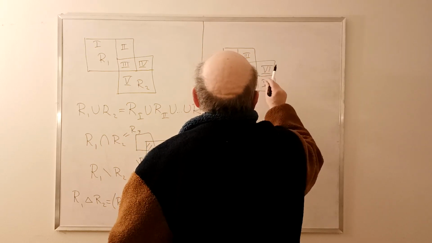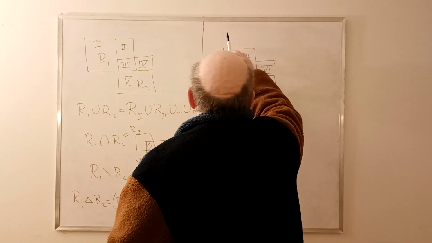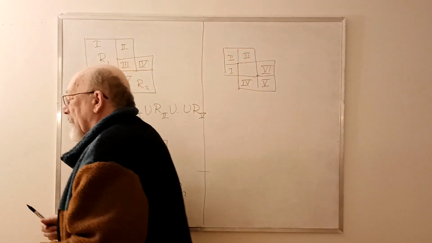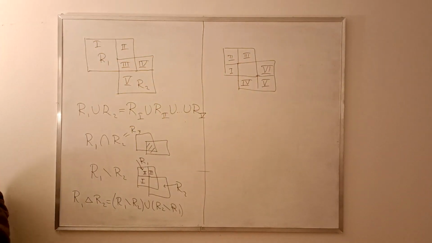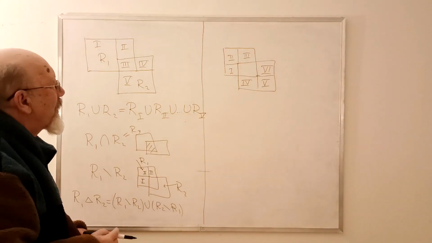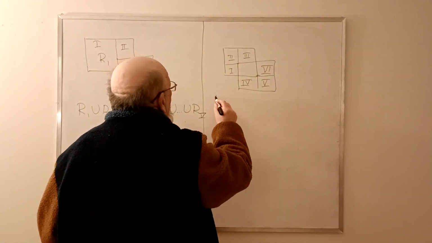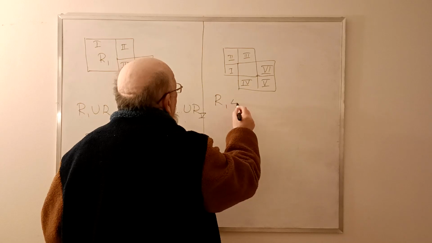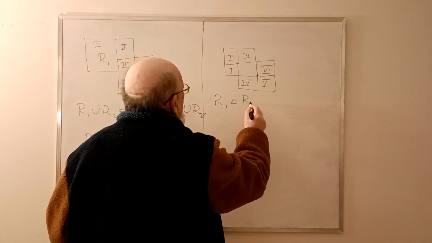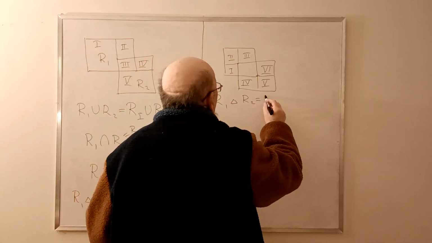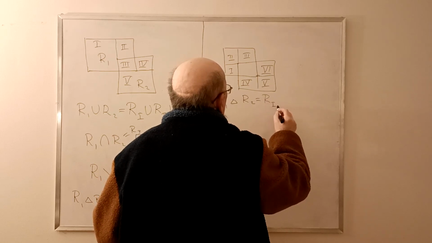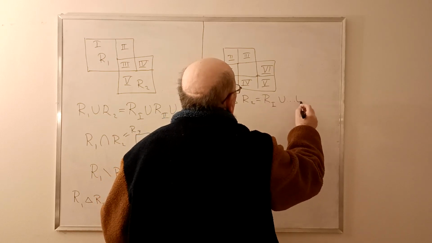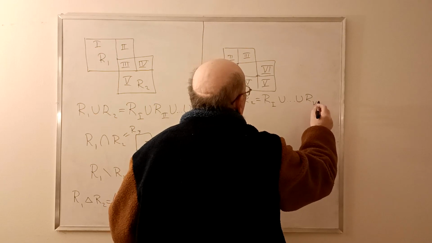We can unite some of them into one rectangle. So R1 symmetric difference with R2 equals R Roman 1 union up to R Roman 6.